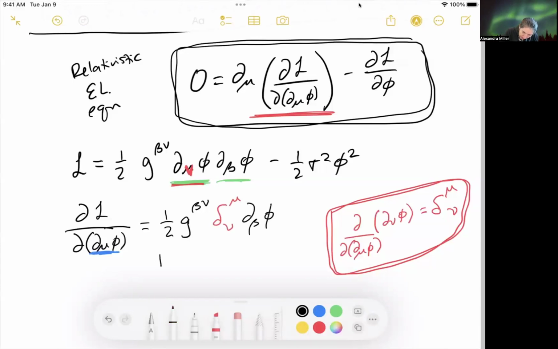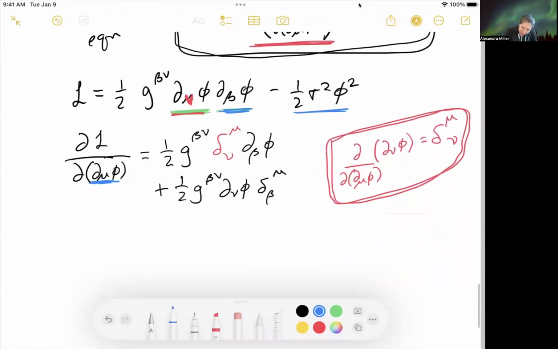And then we have a second term where we take a derivative with this second one. And now we get a Kronecker delta with our beta on top. All right, and then this second term doesn't have any derivatives of phi, and so that just goes away in this derivative.